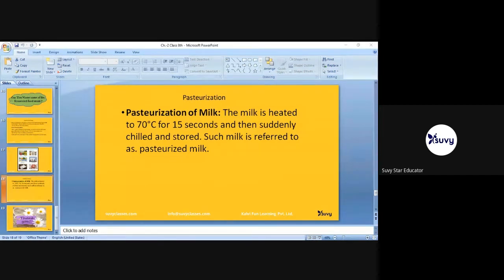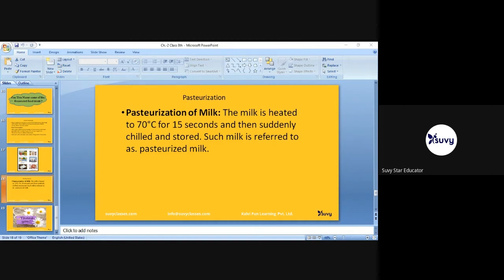Now what they do is collect the milk from the milkman in large cans, and then they transfer whatever milk they have collected to a large container. That container has a regulator by which we can control the temperature.